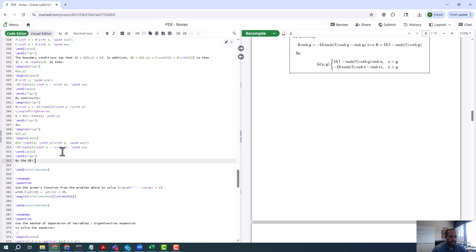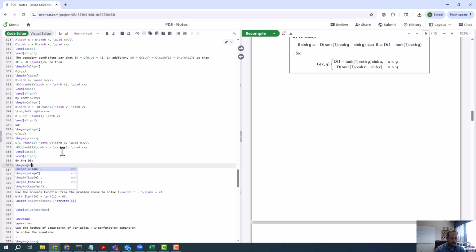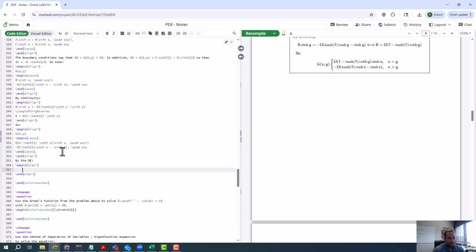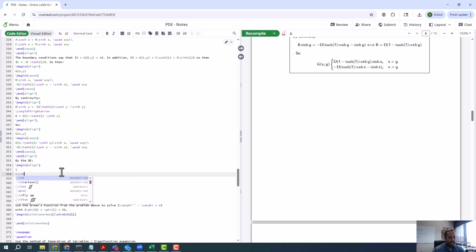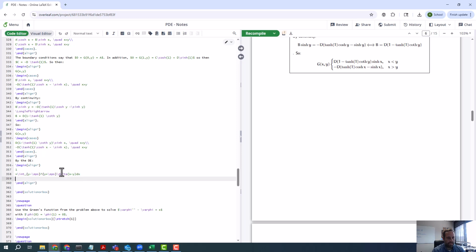By the differential equation, we have 1 is equal to the integral from y minus epsilon to y plus epsilon of delta of x minus y dx.